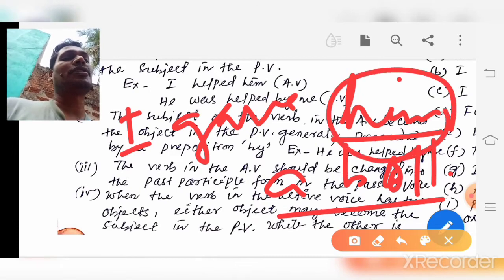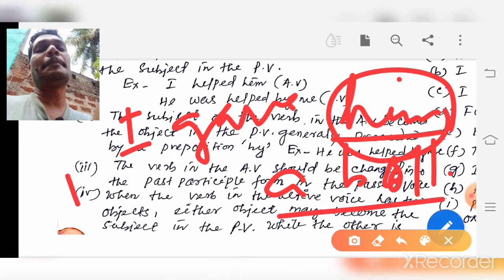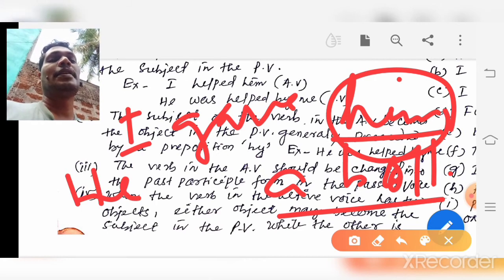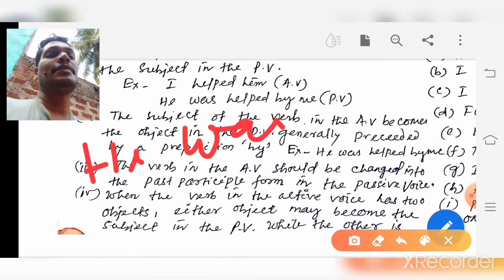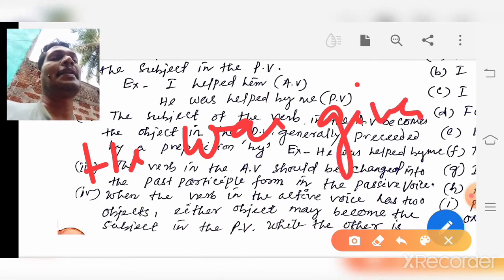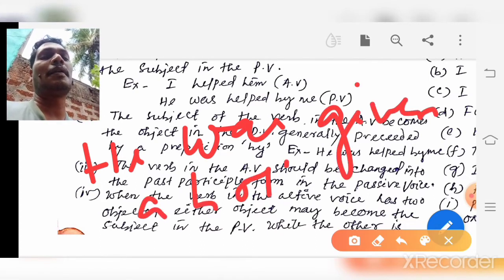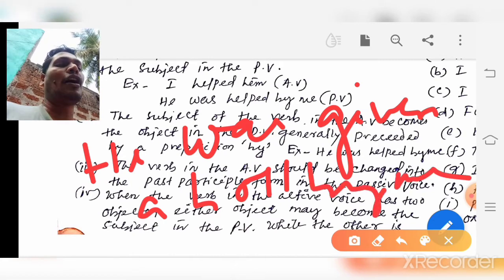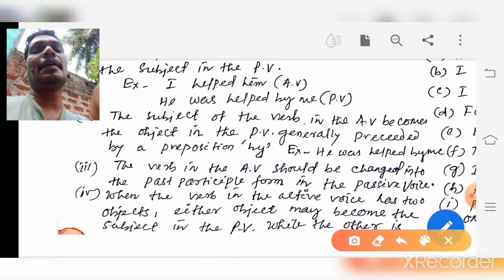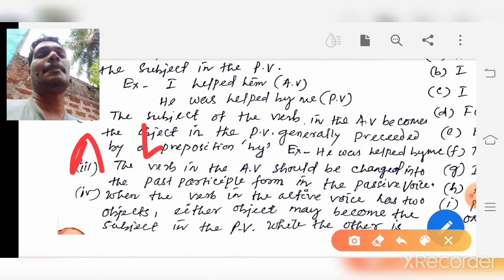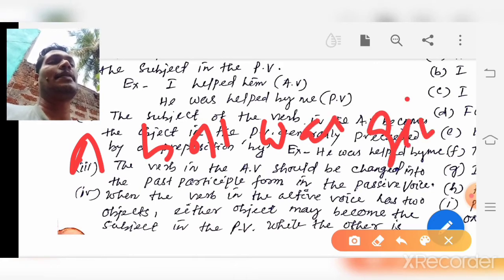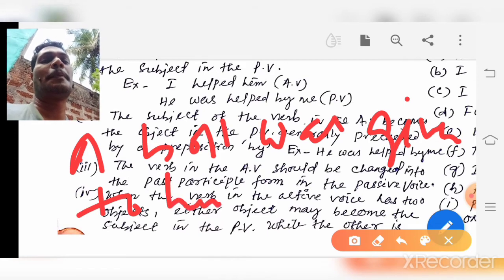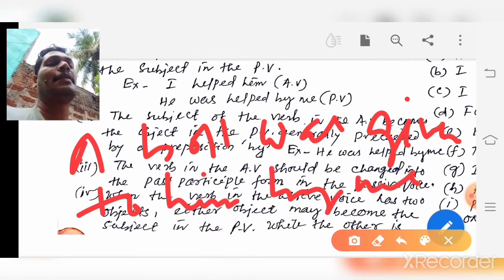So the subject form of him will be he. He was given a ball by me, or a ball was given to him by me. Both are correct.